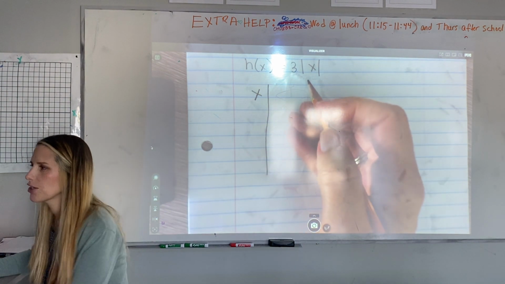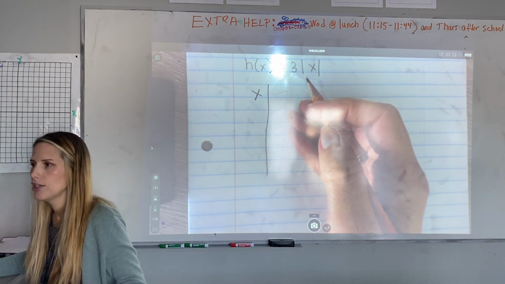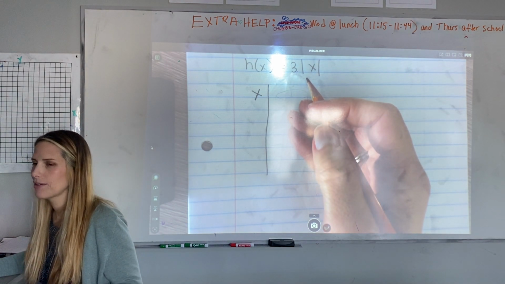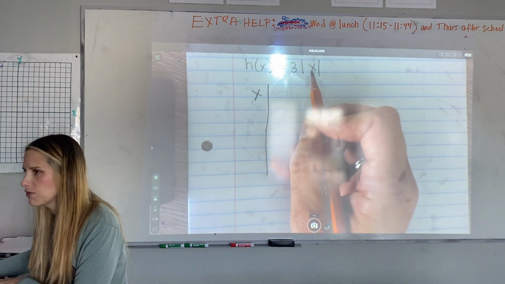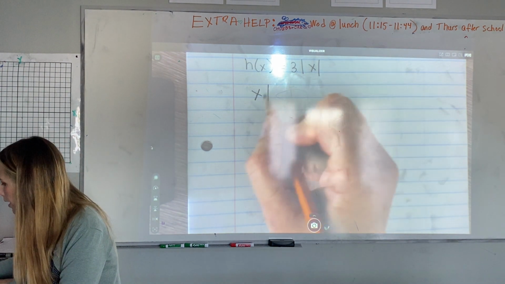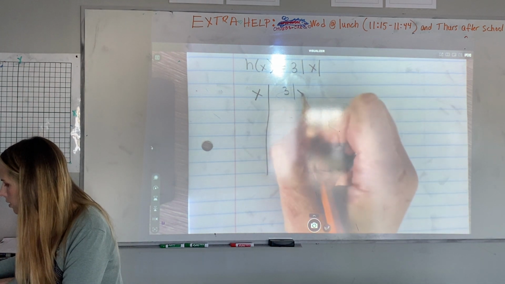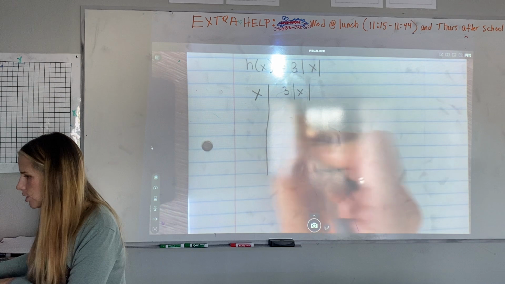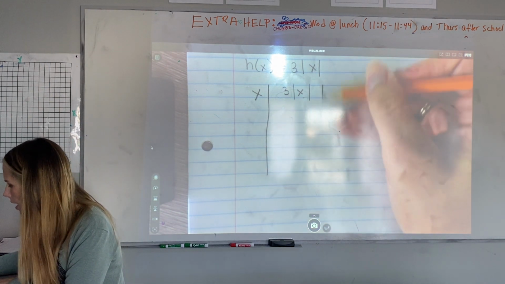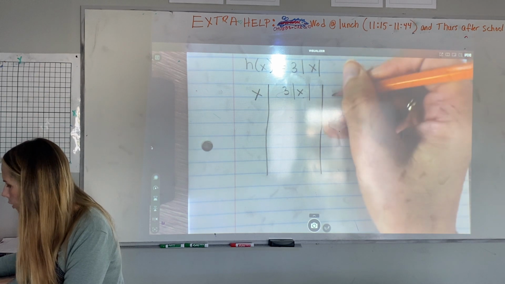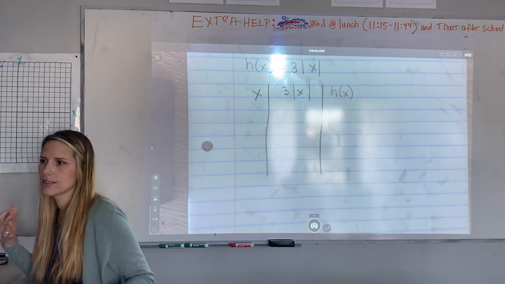Because with absolute value, you can put in a negative input, and then boom, it turns positive, right? Because it's being absolute valued. So we have our input, then the table is going to involve the actual function, which is 3 times the absolute value of the input, and then you're going to get an output, the h of x, which is also known as y.